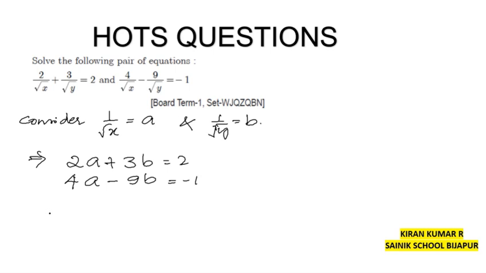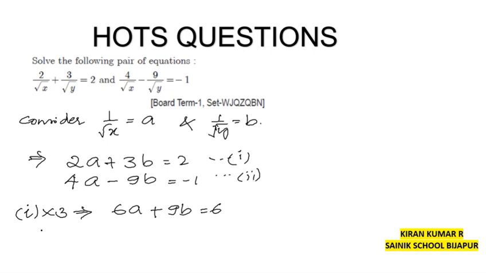What I do is, I will name this as equation 1, I'll name this as equation 2. I would like to follow the method of elimination. Let me multiply the first equation with 3. I'll be getting 6a plus 9b equal to 6. And the second equation I won't change, or else I can say that I'll multiply with 1.